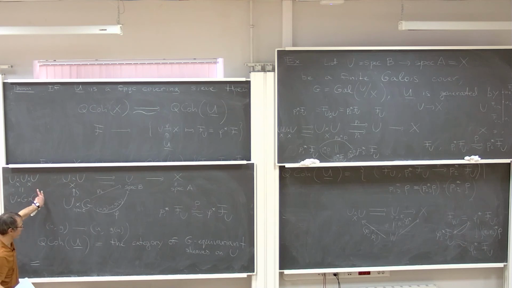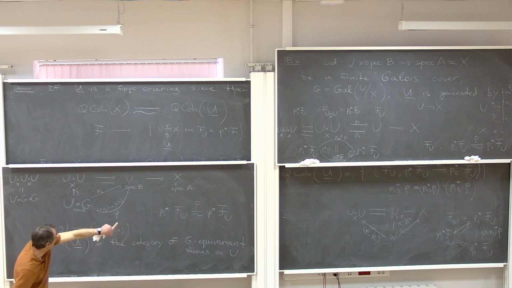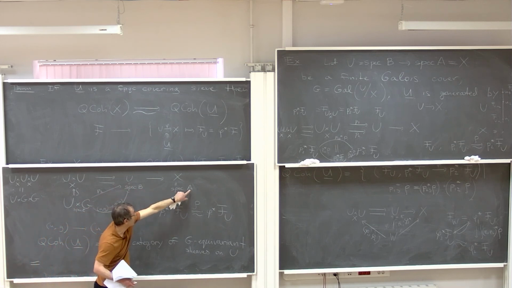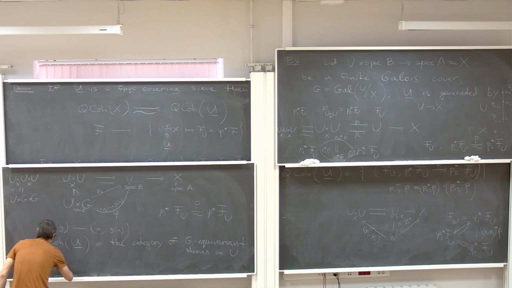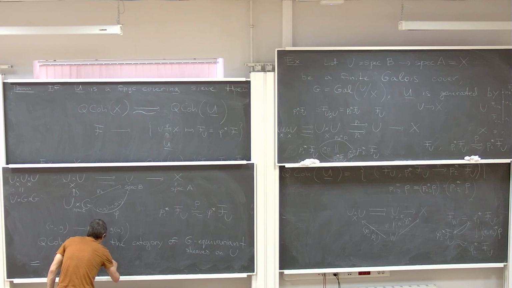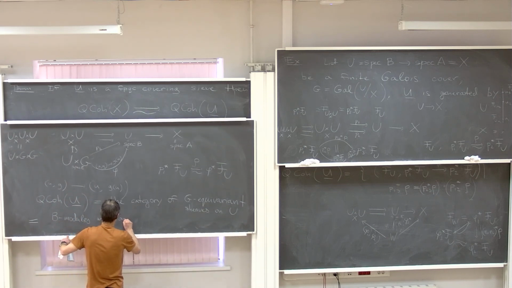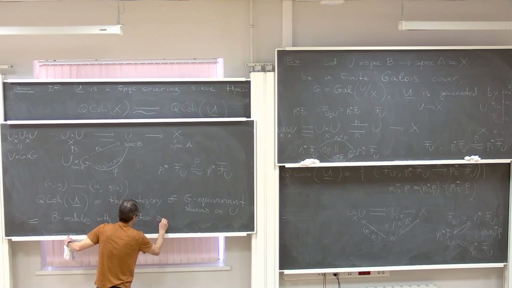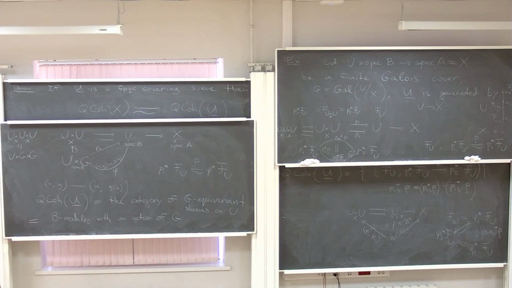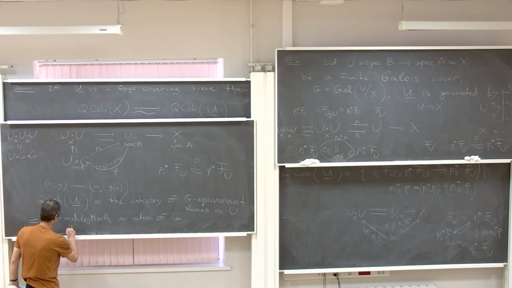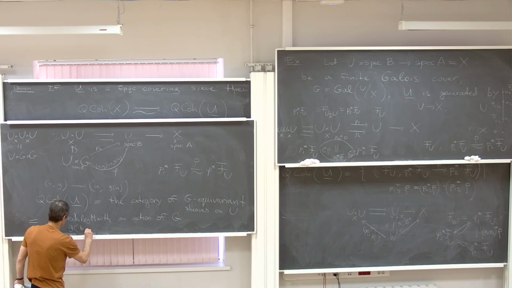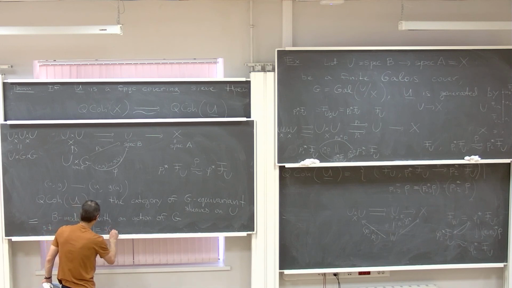So instead of writing another time a diagram like an identity like that, I will tell you in terms of A and B. B-modules M with an action of G such that g(b times m) is equal to g(b) times g(m).